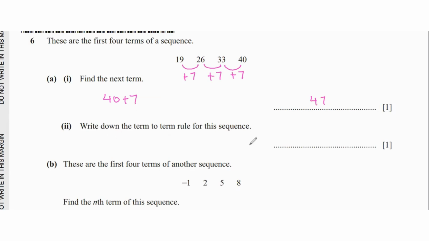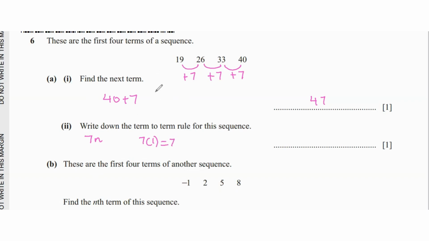Then it says write down the term-to-term rule for the sequence. So for the term-to-term rule, remember, first you multiply the common difference by n. So the common difference is 7, so 7n. Now we see if we use 7n, would that give us the first term? So for the first term, we substitute n with 1. So 7 times 1 gives us 7, not 19.